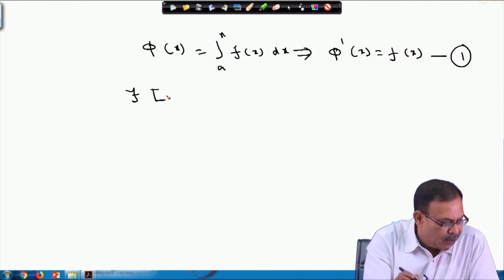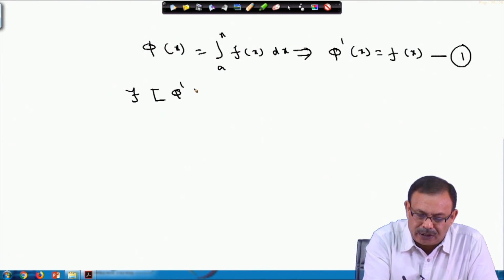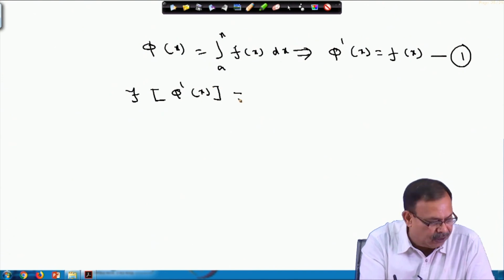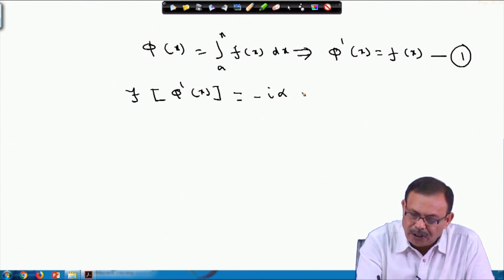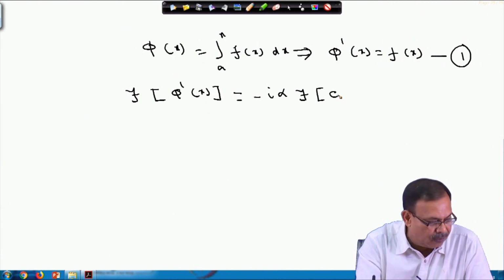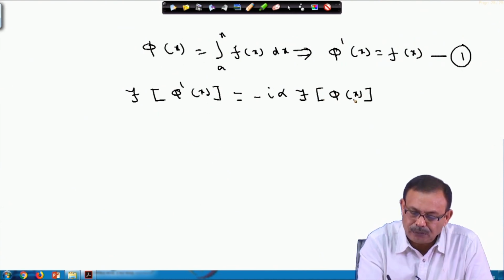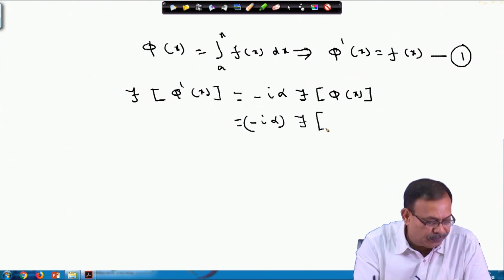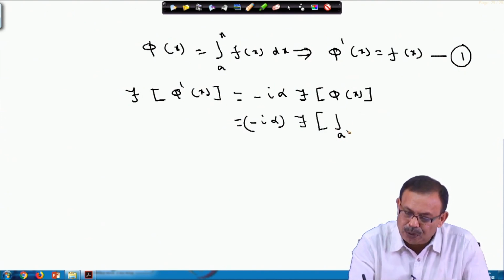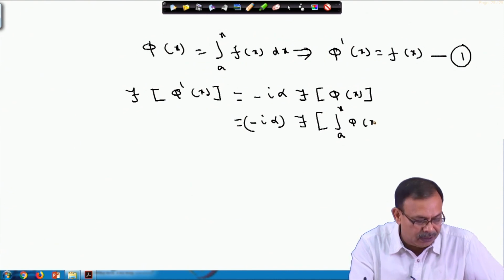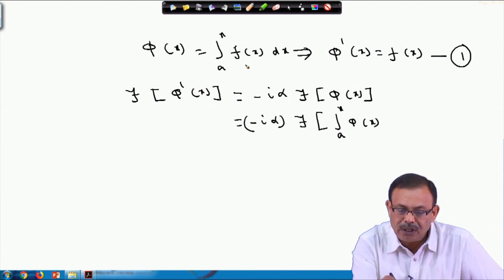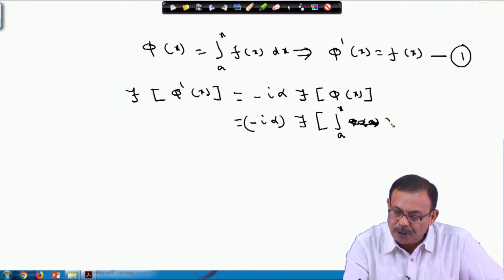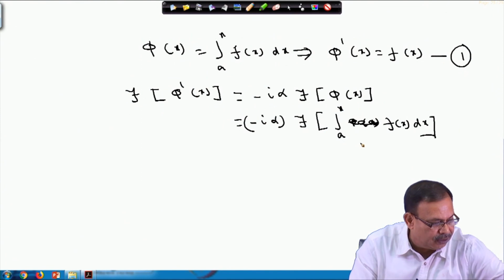So, the Fourier transform of phi dash x, using the earlier properties, I can write down as minus i alpha into the Fourier transform of phi x. This is equal again to minus i alpha into the Fourier transform of phi x, where phi x is the integral from a to x of f x dx.